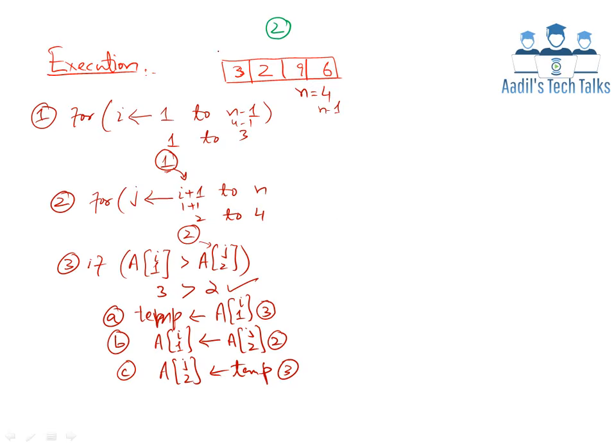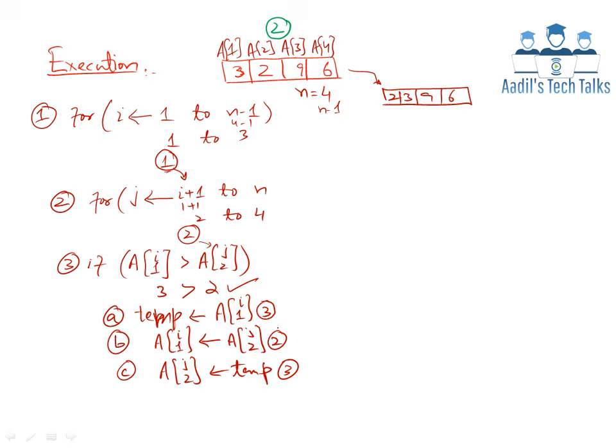So as this was a1, a2, a3 and a4, in these three steps the values of a1 and a2 are interchanged, so the new array is 2, 3, 9 and 6.